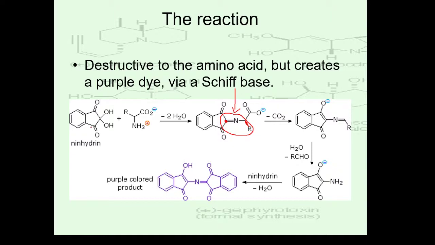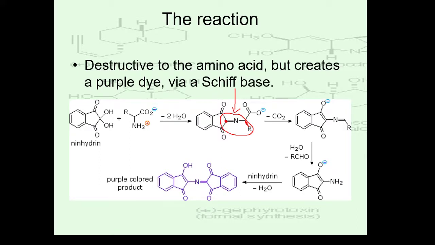You can't look and say, I have this amino acid. No, the amino acid is going to be destroyed. So step one is we create a Schiff base. Then through another series of steps and another addition of ninhydrin, we create a compound that looks like this, which could also be considered a Schiff base.